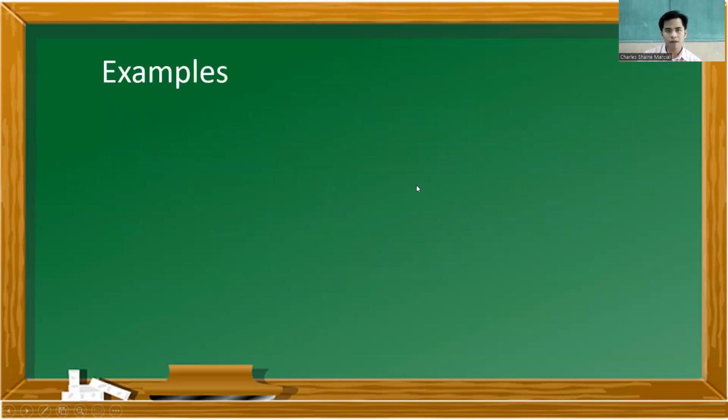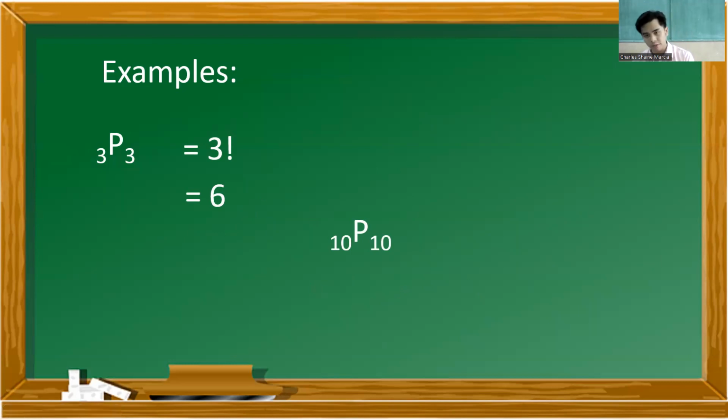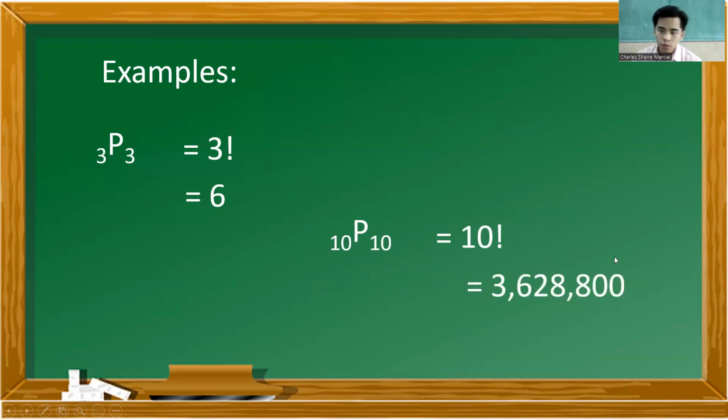Okay? So we have examples here. 3P3 are the permutations of 3 taken 3 at a time. We will just multiply 3 factorial. So that is 3 times 2 times 1, and that's equal to 6. Another example, 10P10, or the permutations of 10 taken 10 at a time. That is equal to 3,628,800.